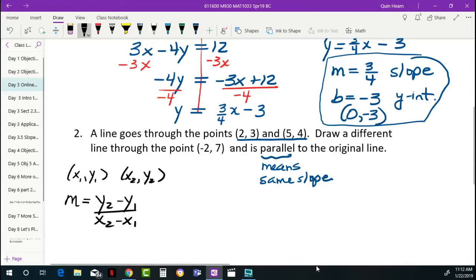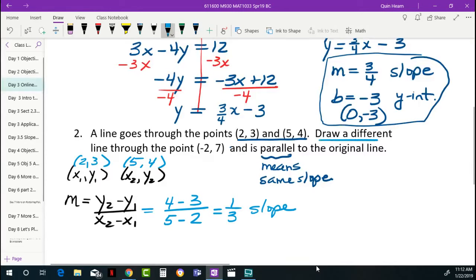I'm going to work it that way. It doesn't matter which one I call my x1, y1, but I'm going to call 2, 3 my x1, y1, and 5, 4 my x2, y2, and I'm going to plug in. So I'm going to have 4 minus 3 over 5 minus 2. That's going to give me 1 over 3. So I have a slope of 1/3.